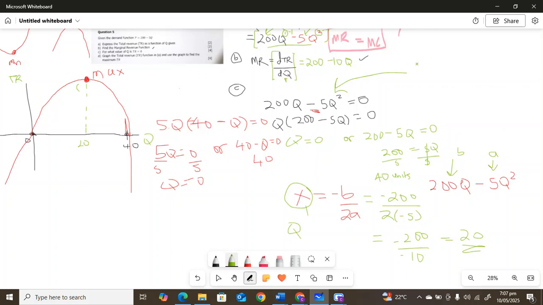So 200q, with q substituted with 20, minus 5 times 20 squared. So 200 times 20, 4,000.